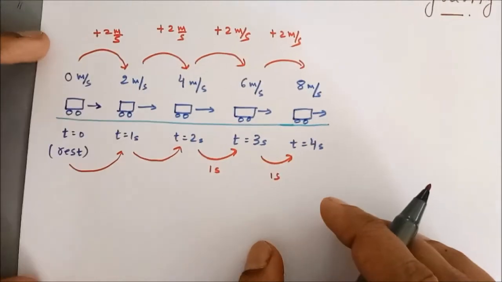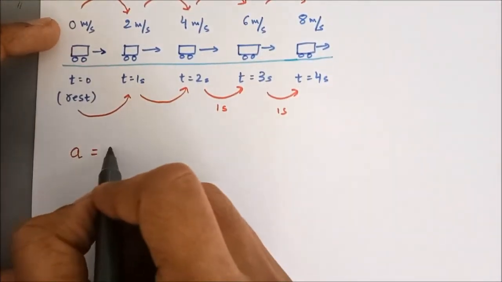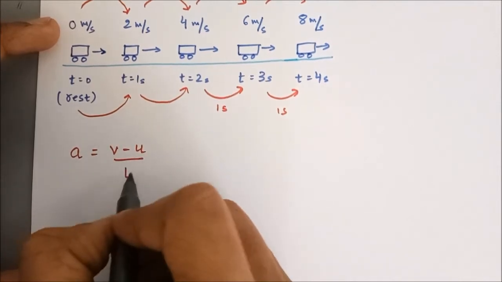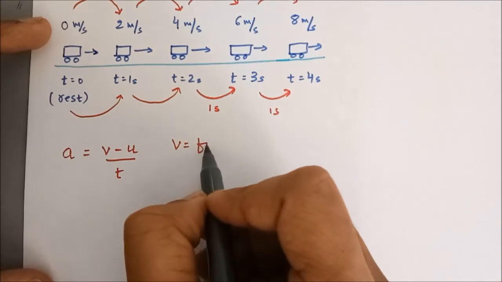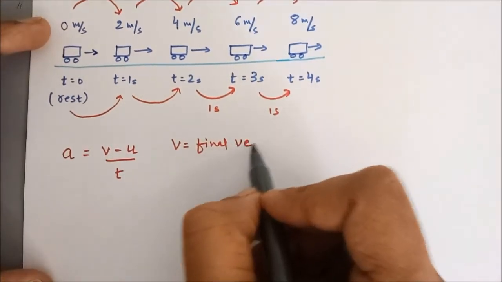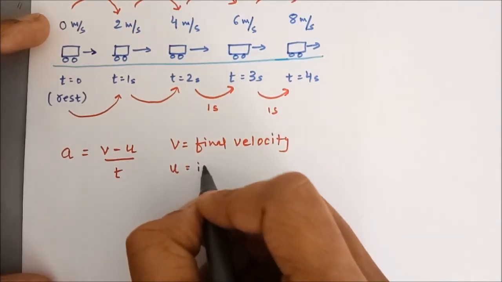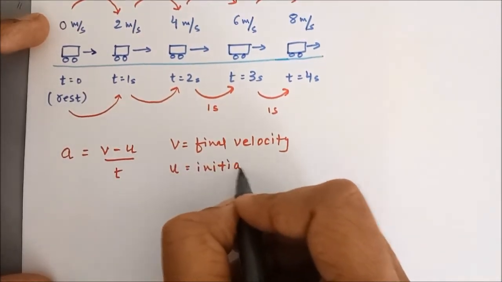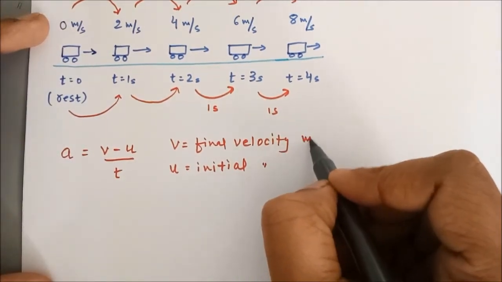Now acceleration has a formula, that is a = (v - u) / t. V is called the final velocity, u is the initial velocity, and velocity is measured in meter per second.